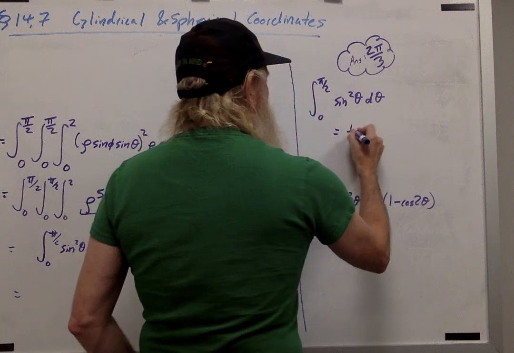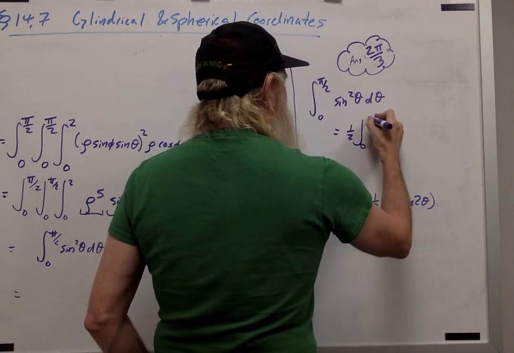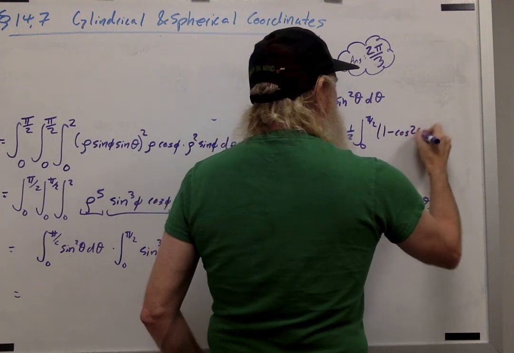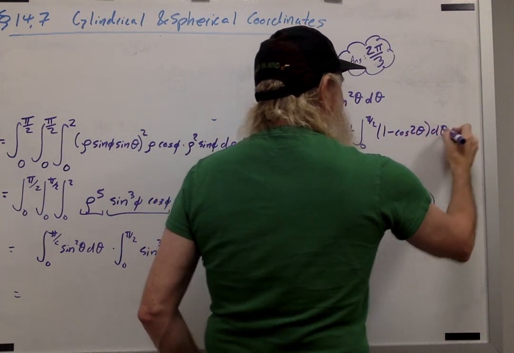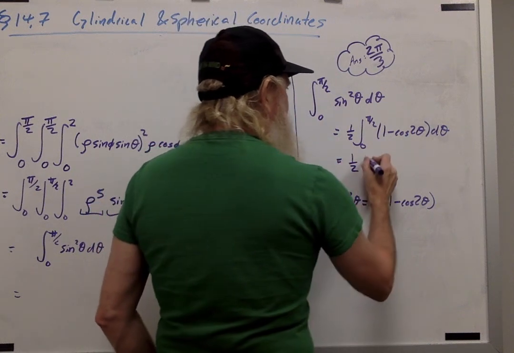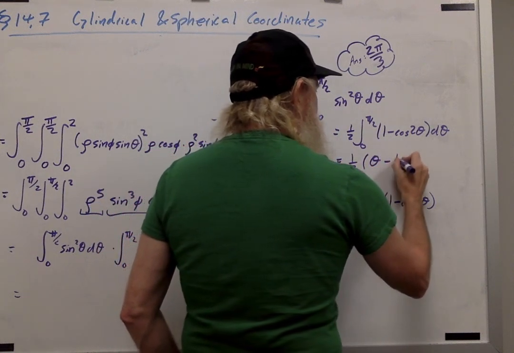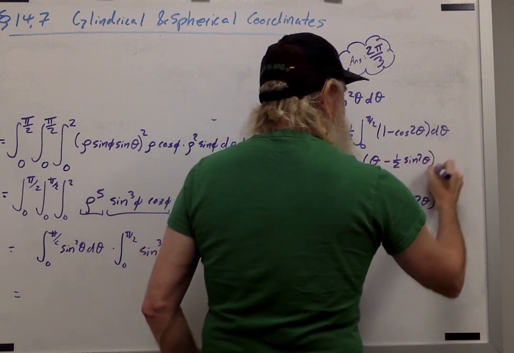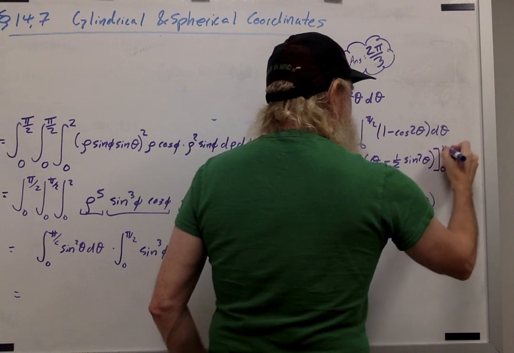So this integral will be half the integral from 0 to pi over 2 of 1 minus cosine 2 theta d theta, which is half of theta minus 1/2 sine 2 theta, taken from 0 to pi over 2.